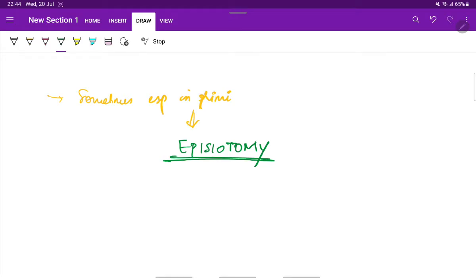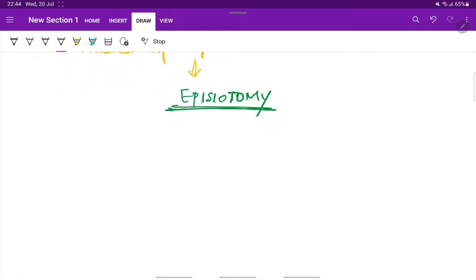Episiotomy is nothing but a cut we give in the perineum so that it facilitates easy delivery of the head by making the vaginal outlet a little bigger.